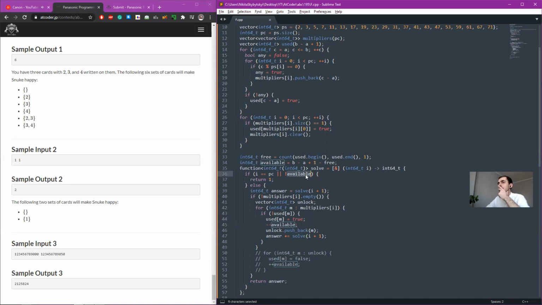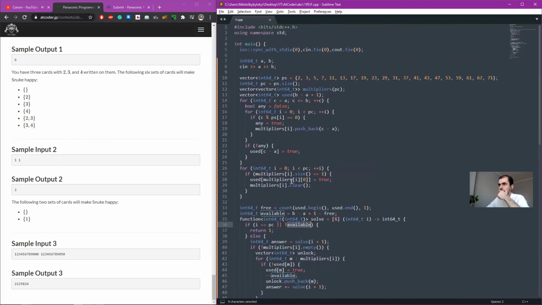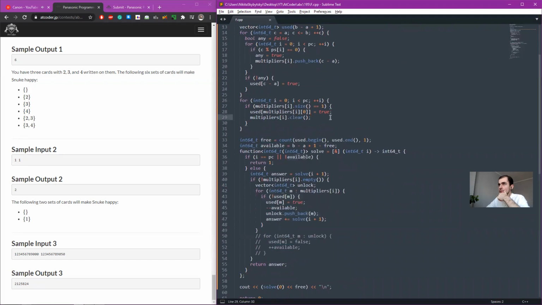I'm not sure about this. If I don't have anything available, then this is going to just be massive. It's like they speed up all this thing, right? And this also speeds up all this thing.